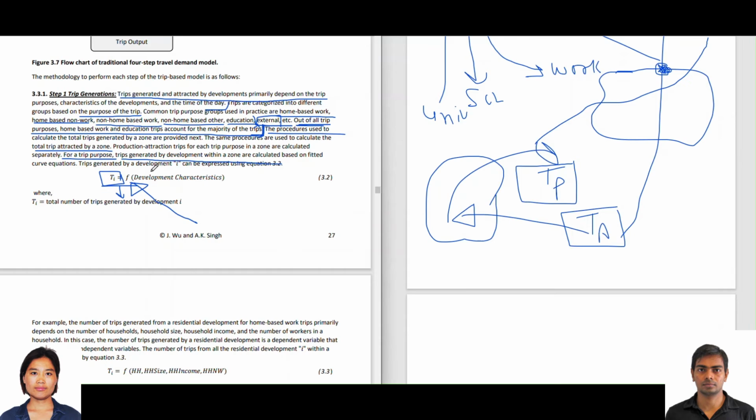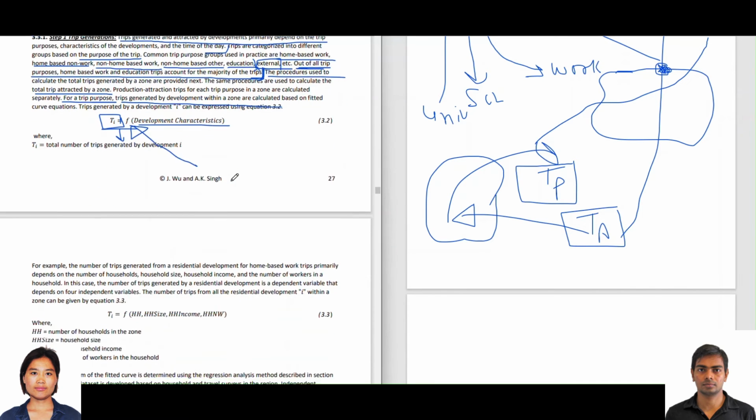If you are looking for how to define this function and how to get the fitted curve, you can refer to the statistical analysis video. So this is a fitted curve for one particular trip purpose. Then for other trip purposes, there will be another fitted curve, which is a function of development characteristics.